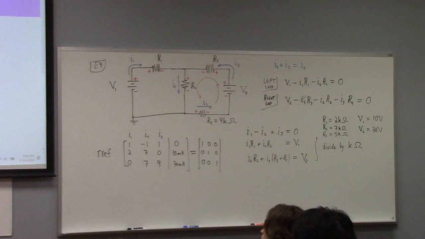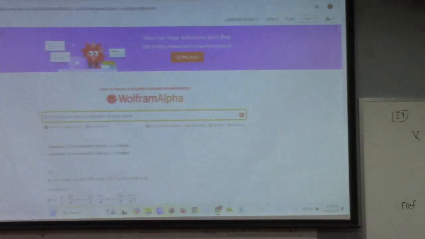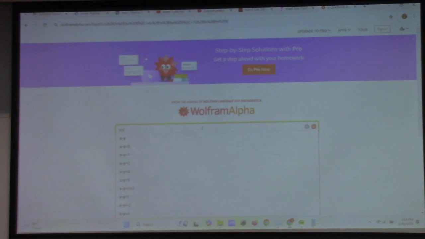All right, so I'm going to use X, Y, and Z for my I1, I2, and I3 just for the sake of ease. So it's 1, 1, what? Is it 1, 1, 1, or is it 1 minus? 1, negative 1, 1. All right. X minus Y plus Z equal to what? 0.